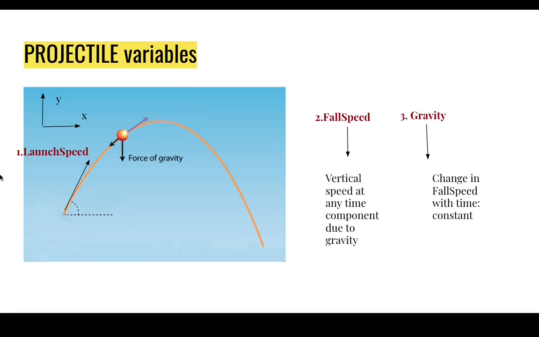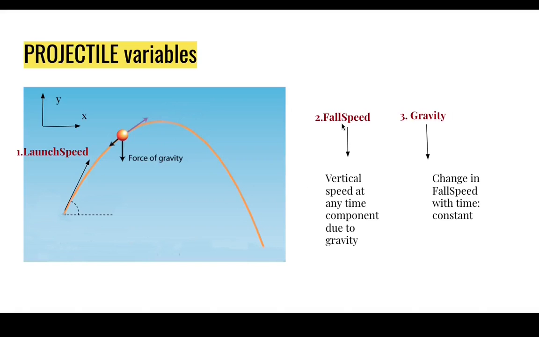Okay, so I'm going to explain what launch speed, force speed, and gravity mean. So the launch speed is the speed at the start. As you see, it shows the course of a ball being thrown. You'll see it will go up, then it will go down.